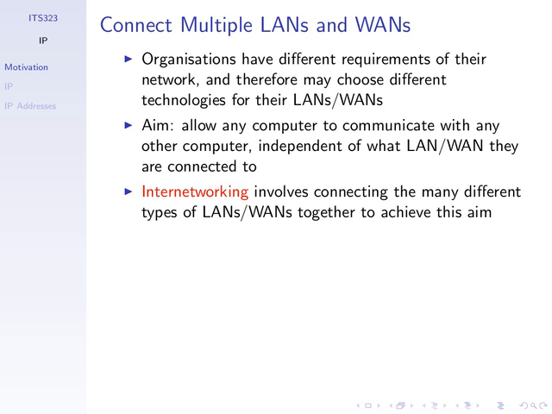We don't care that this is wireless, this is a packet switch network, a circuit switch network. From the end user's perspective, we just want to be able to communicate with anyone.